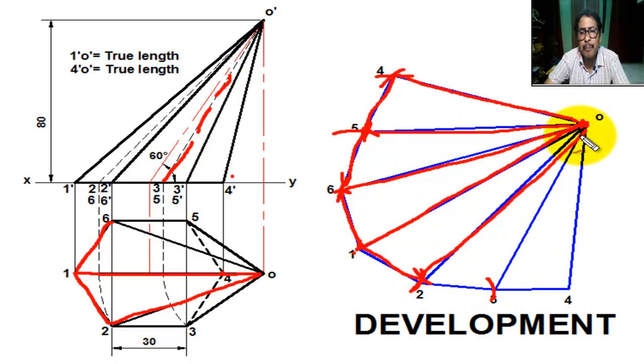With this dimension, with pencil compass, we draw the arc, join this and join this.